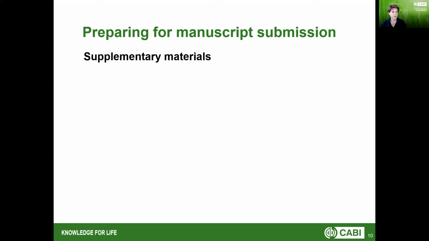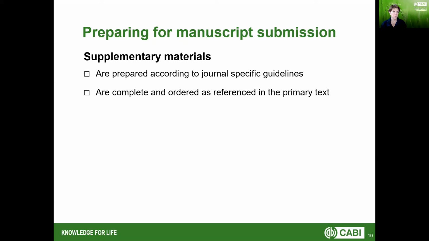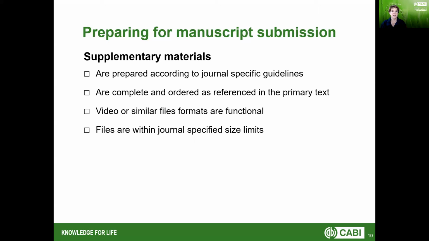So you need to look very carefully at the journal requirements for supplementary materials and make sure that what you submit, if you do have supplementary materials, are aligned with the journal requirements, that they're complete and ordered in the same order that they're referenced in the main manuscript, that video or similar files are in the correct format and that they function properly, that the files are in the specified limits.